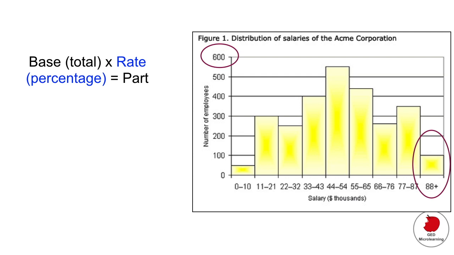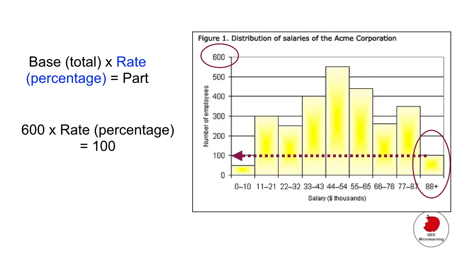We have to find out how many of these people there are. Once again, we go to the top of that bar and then move to the left, and that tells us that there are 100 of those employees that earn $88,000. We plug those numbers into the equation like this.